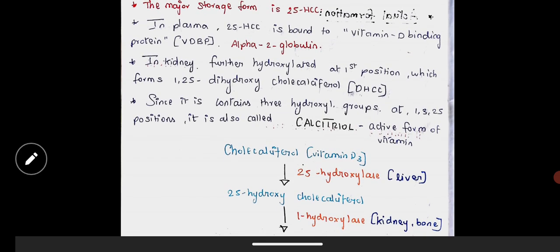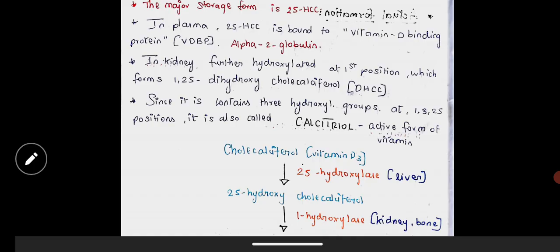Since it contains three hydroxyl groups at the 1, 3, and 25 positions, it is also called calcitriol, which is the active form of the vitamin. When you say vitamin D, the first word you have to remember is calcitriol.